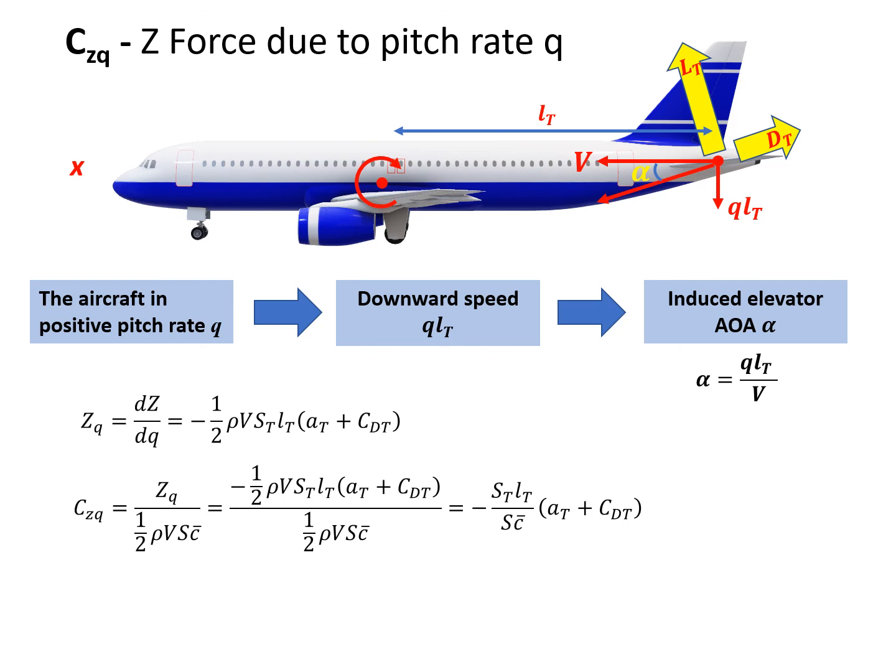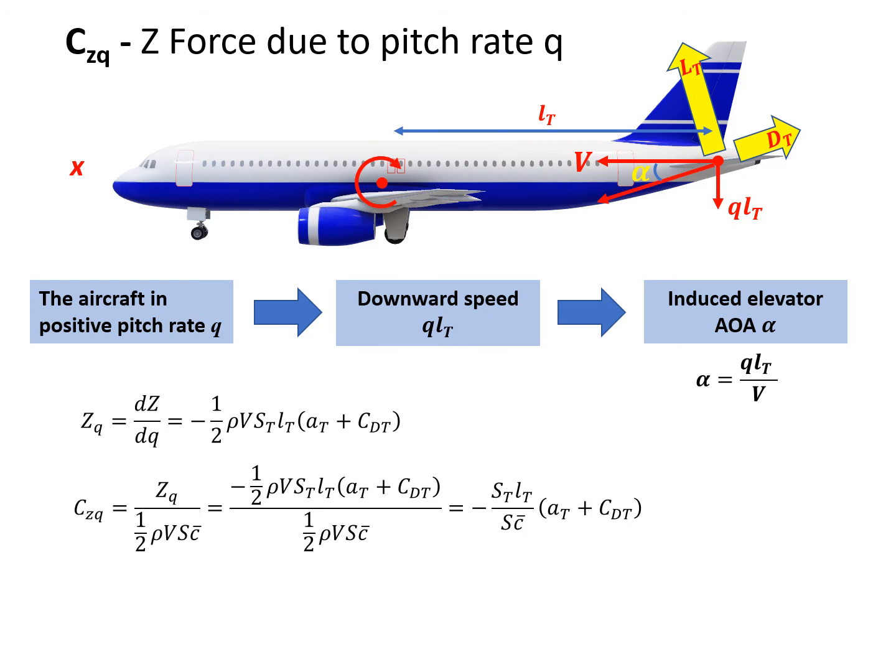In this case it is half rho V S C. When you look at the table to find a denominator, remember we are looking at the longitudinal coefficients, so we need to go to the longitudinal part instead of the lateral directional part we worked on in all the previous lectures. Now it's half rho V S C bar, because in the longitudinal domain the characteristic length is usually the mean aerodynamic chord.